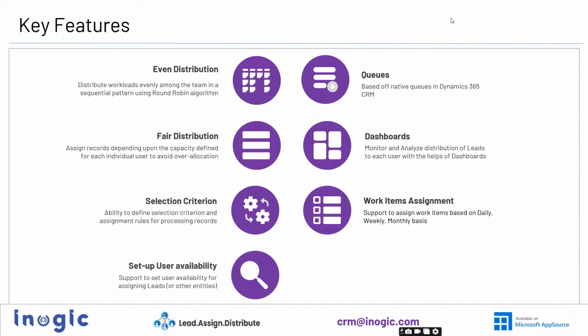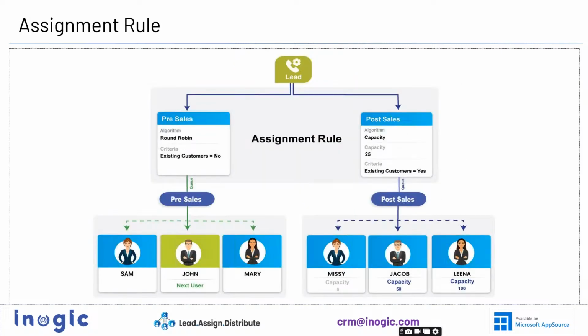Having said that, now let us see the algorithms that are currently supported by the lead assignment and distribution automation with a small graphical example. Now, on your left hand side, you can see the round robin algorithm. On the right hand side is the capacity algorithm. For the round robin algorithm, you can see that a criteria has been applied.